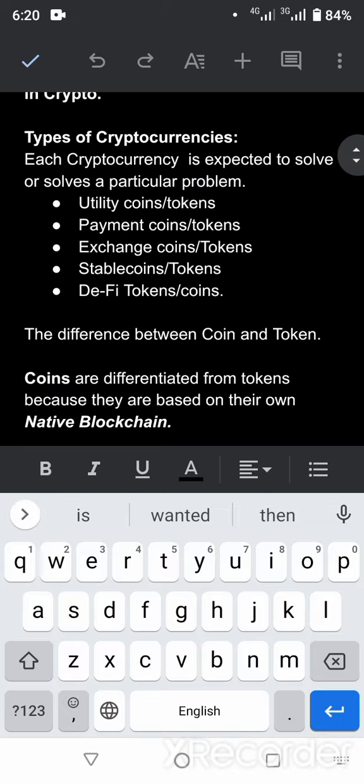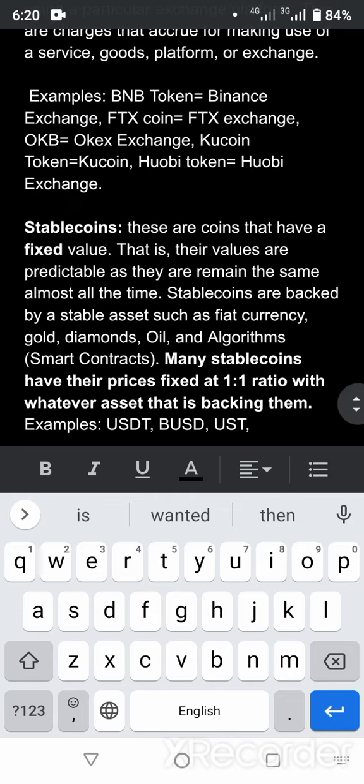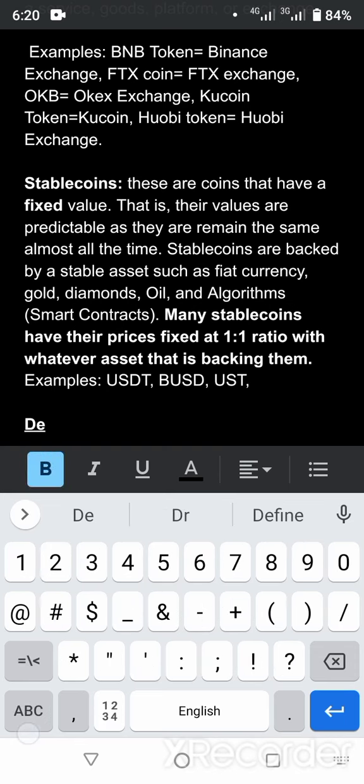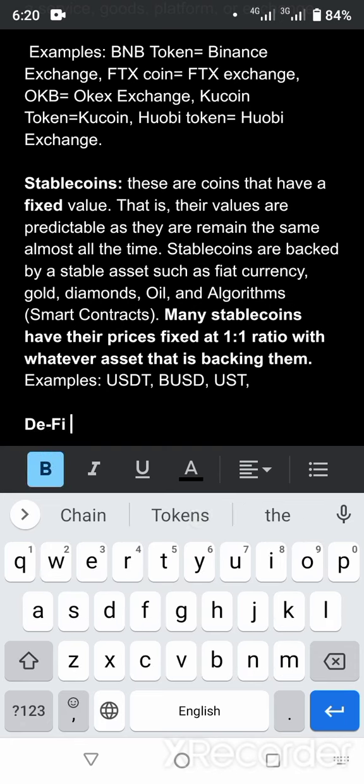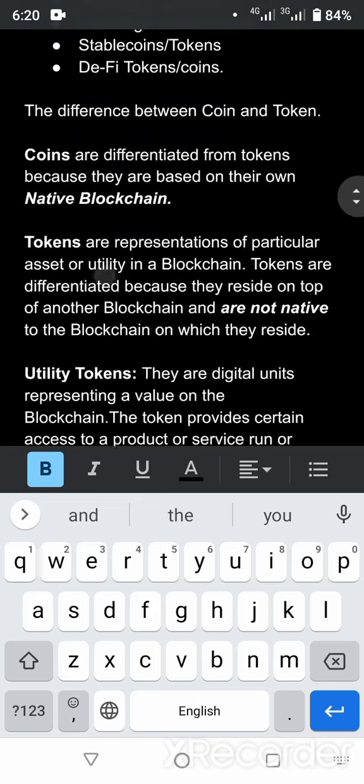Now, the next one. DeFi tokens. Should we treat DeFi? Okay, let's just run it through. DeFi tokens, from the word DeFi, means decentralized finance. Decentralized finance is one of the niches of the crypto industry.